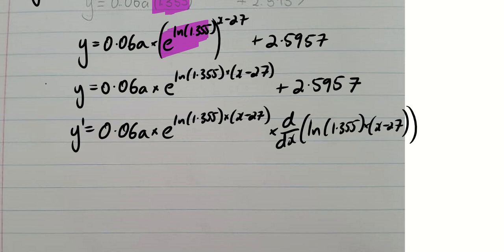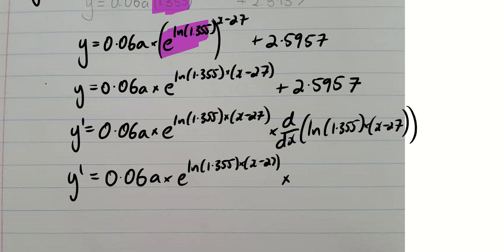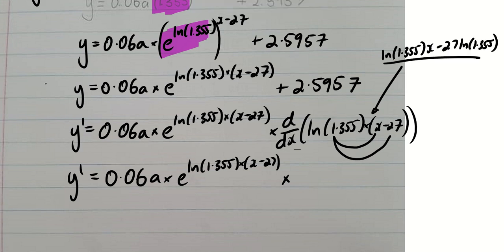All I'm trying to do now is differentiate this function. I'm just going to remember what it looks like if I expanded these brackets: natural log of 1.355 times x, and then natural log of 1.355 times negative 27. So this is the function I need to differentiate.